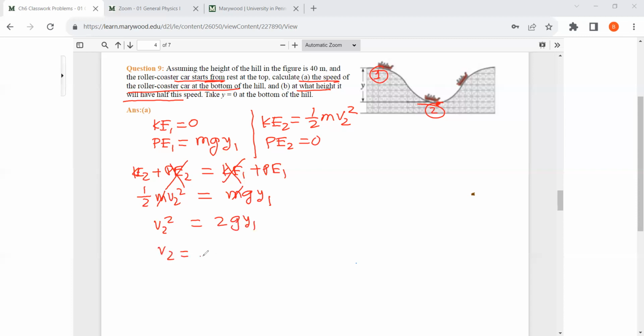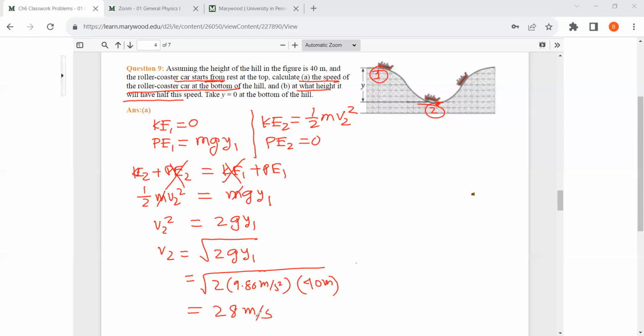So v2 is basically the square root of this, and this is equal to 28 meter per second. So I got the speed of the roller coaster at this point is 28 meter per second.